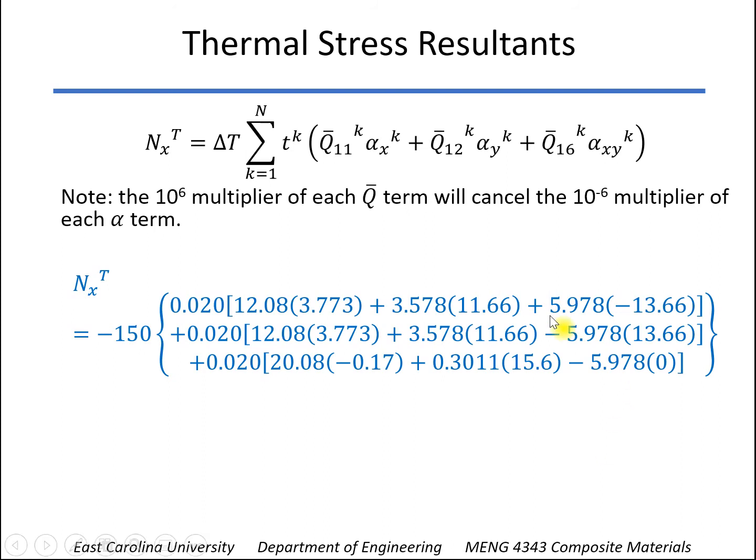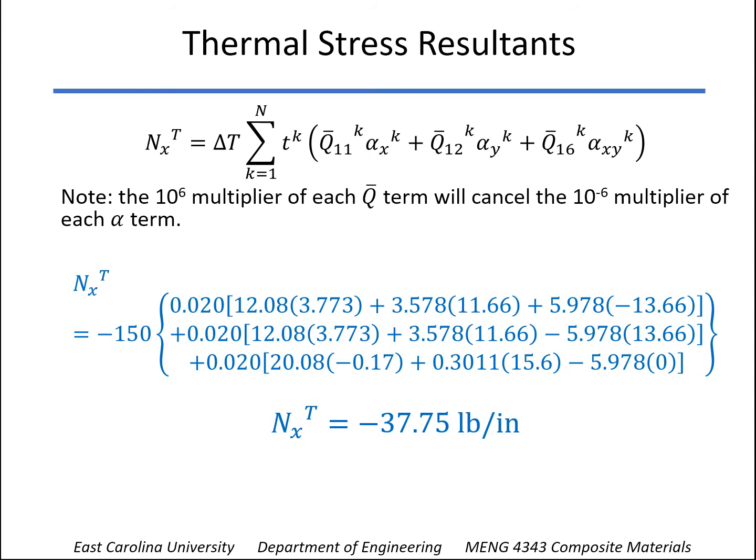So here's Q-bar 1,1 times alpha x, Q-bar 1,2 times alpha y, Q-bar 1,6 rather times alpha xy for the plus 30s, multiplied by the thickness. Then same thing for the minus 30s, same thing for the zeros. And then all that sum gets multiplied by the temperature change of minus 150 degrees, and we come up with minus 37 point something pounds per inch.